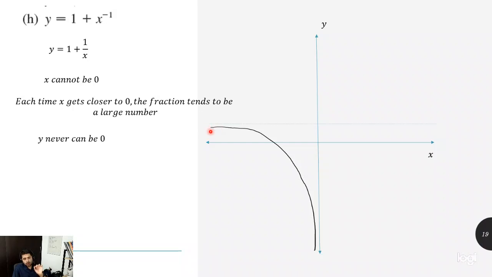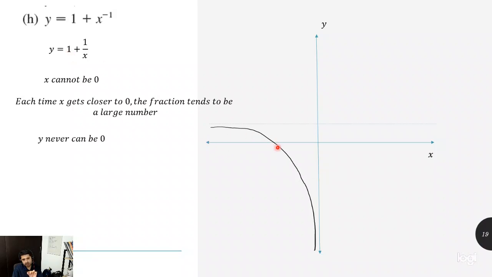So 1 plus a very small negative number tends to be 1, but it's never going to be 1. When we go to 0, we get a huge number here, but negative. So adding 1 to these negative numbers is not going to make a great difference.